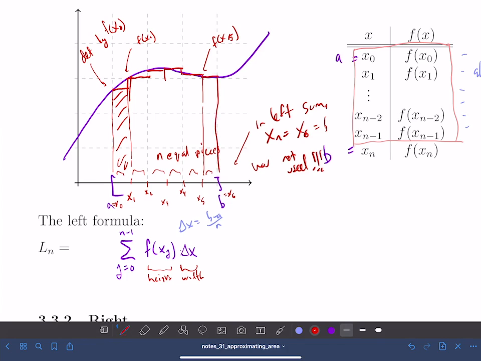And so the area that I pick up is this area inside of here, including a little bit of overage in a few places. Okay, so that's my area.